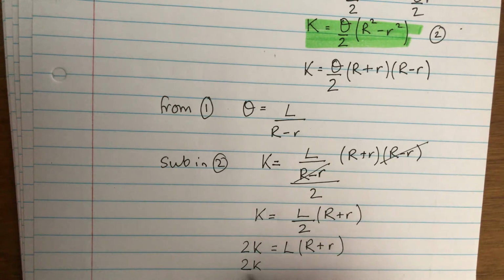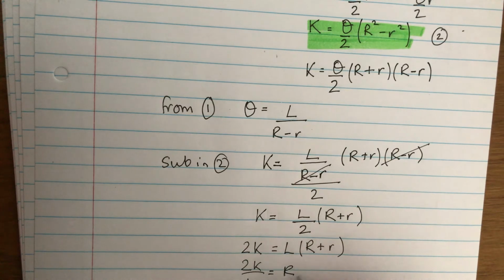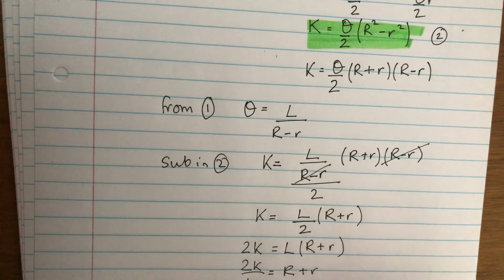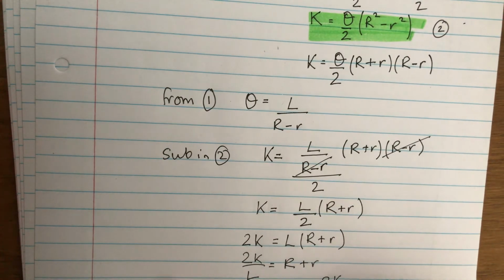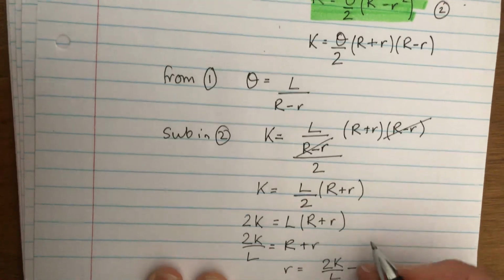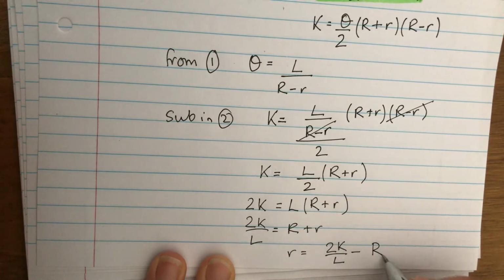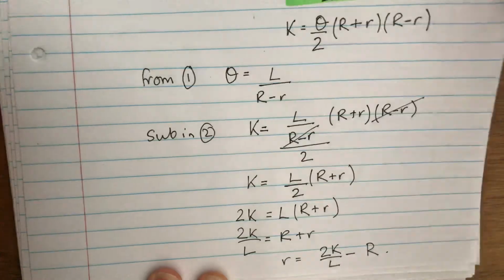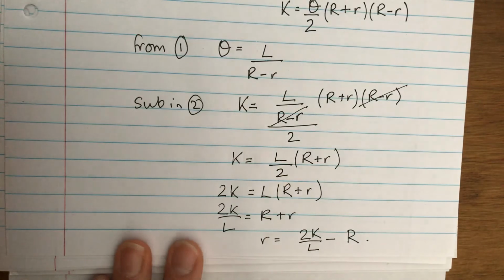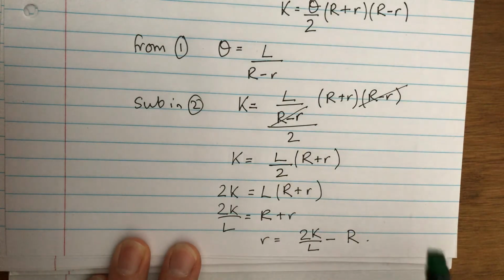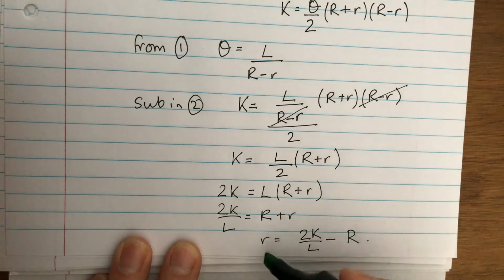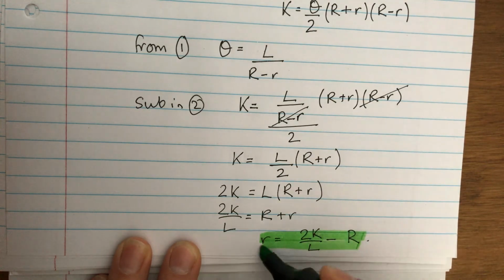Divide by L, big R plus little r, so little r is 2K divided by L minus big R. But of all of that, the crucial thing was spotting that difference of two squares.